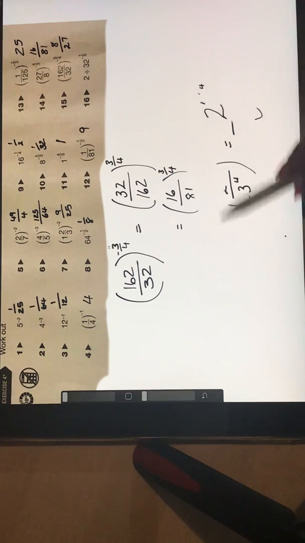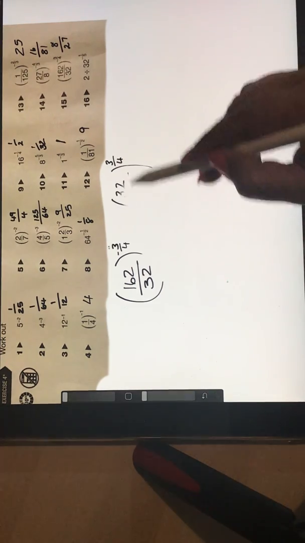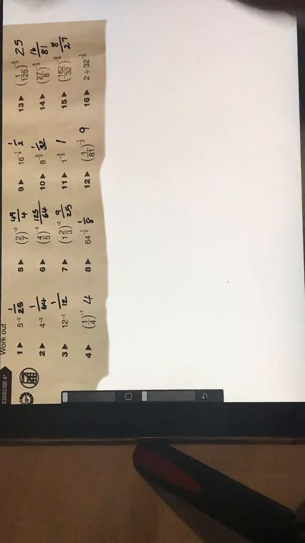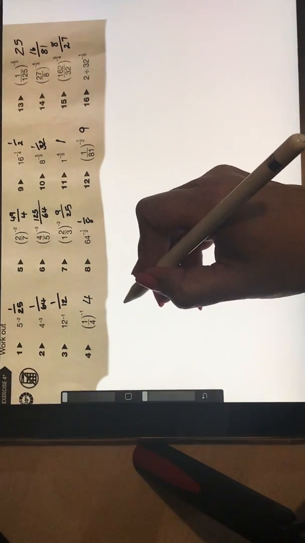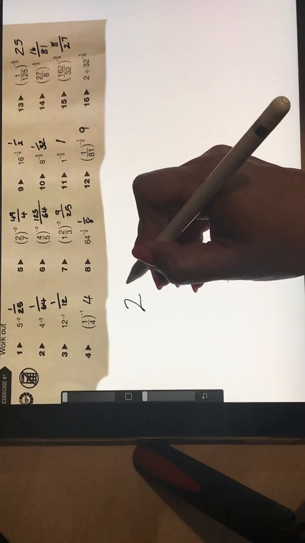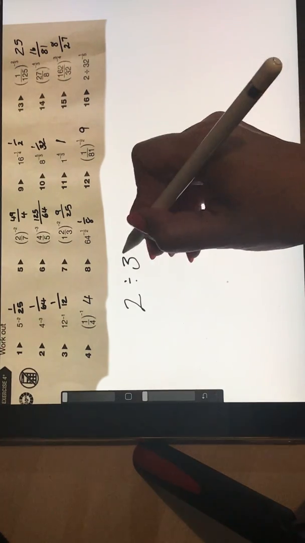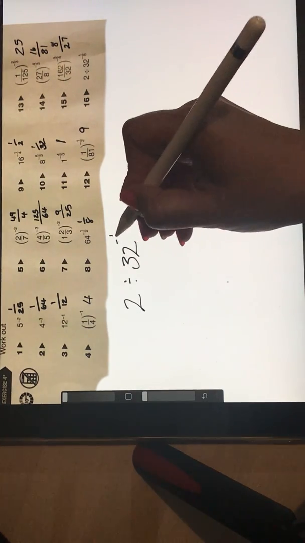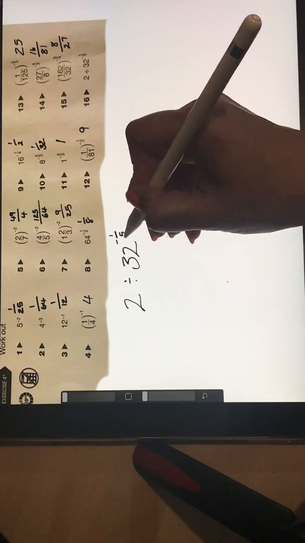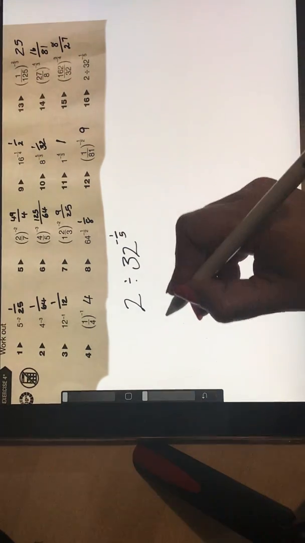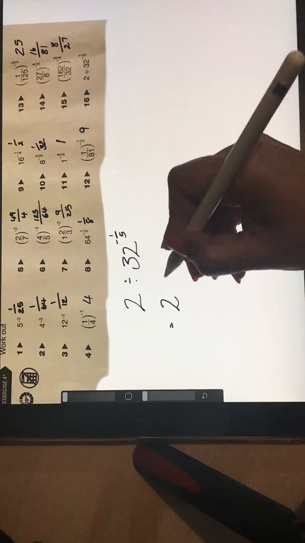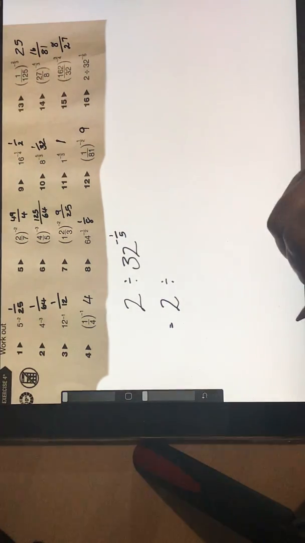Right, for the last question, question 16 on this exercise, we are going to start by saying 2 divided by 32 to the power of negative 1 over 5. 2 stays the same, the division stays the same.